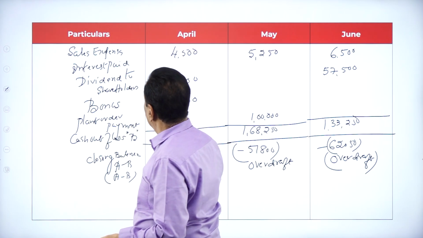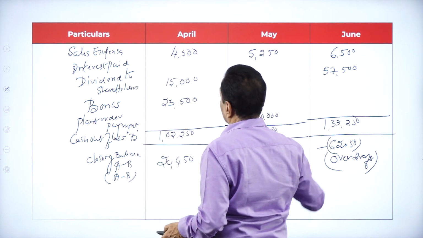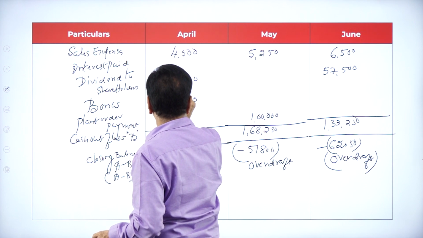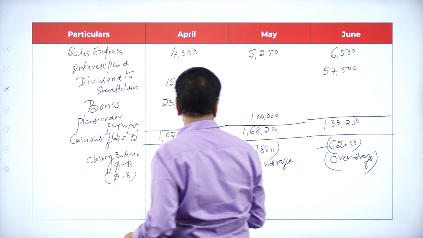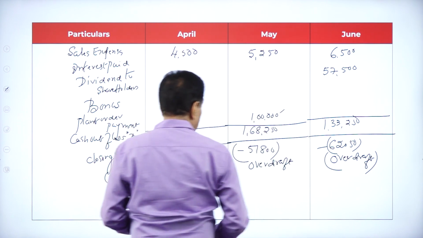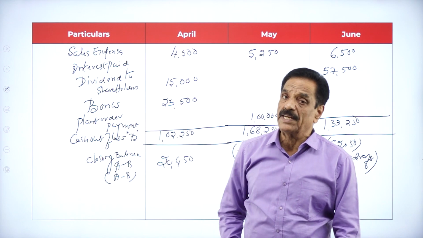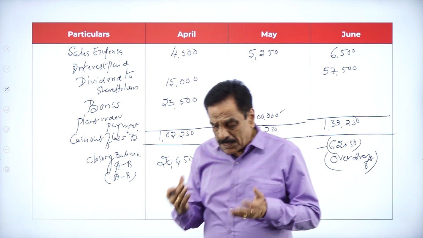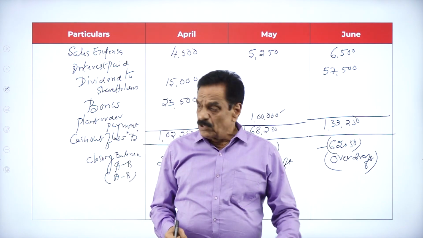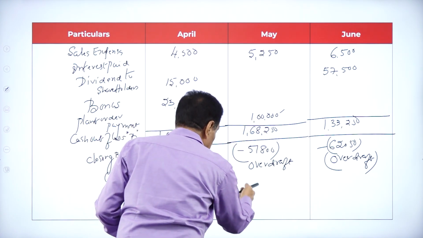Then sales expense same month, interest paid in the month of June, dividend to shareholder 15,000, bonus 23,500. Only heavy payment is 1 lakh. That's why though we have overdraft facilities enjoyed. Then I have explained everything slowly. So here no overdraft facilities you have enjoyed because no more payments are there.